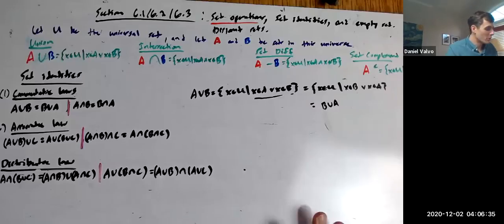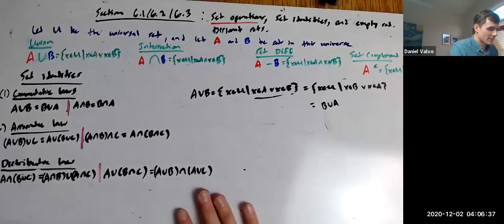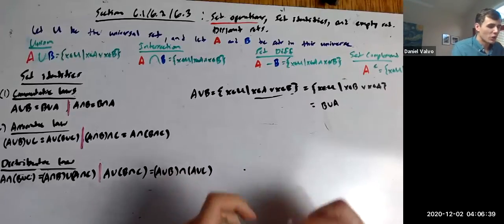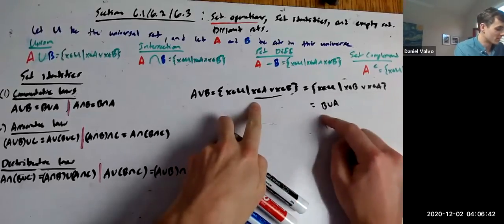So literally what's happening in all of these laws is we're using the logical identities on this part of the sets.